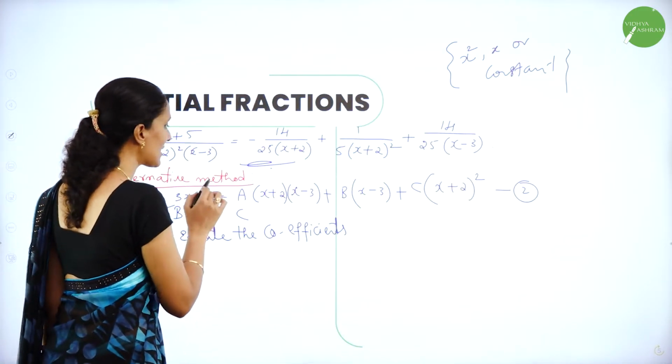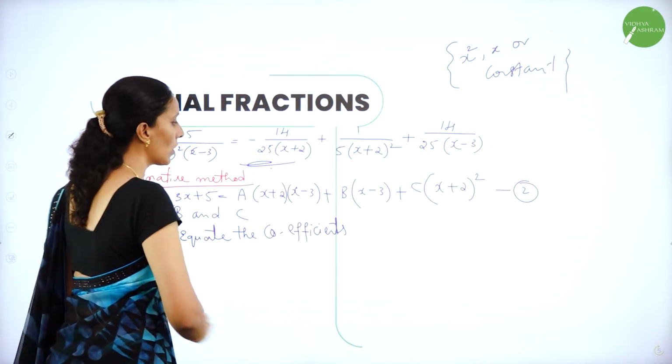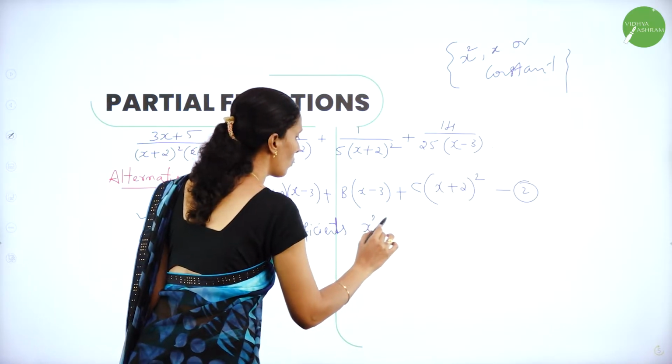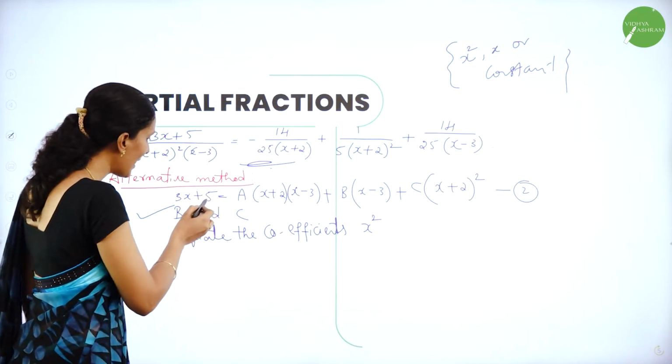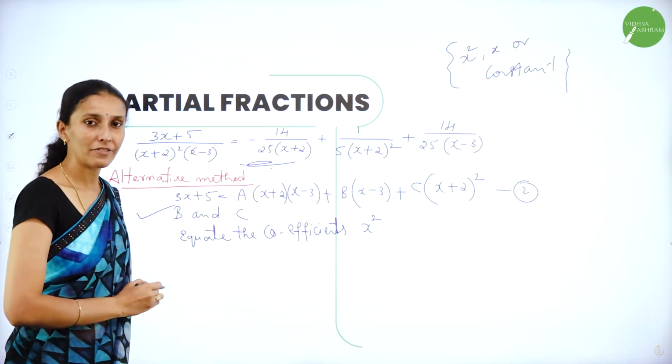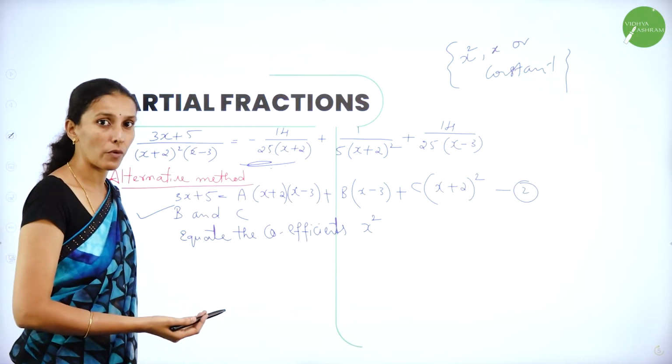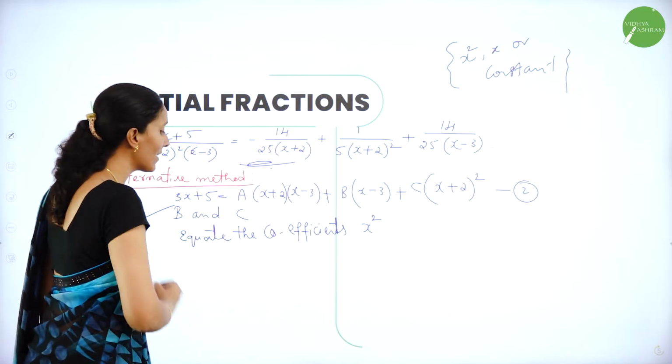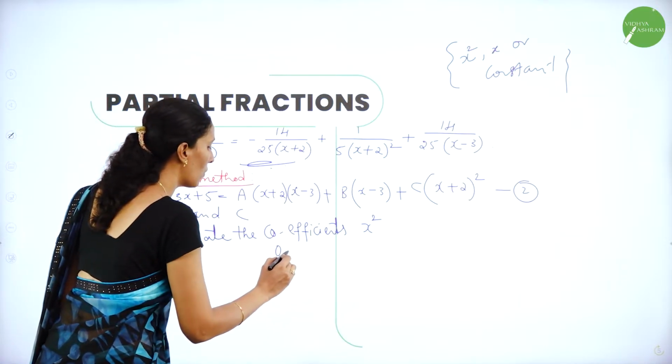Here I'll equate the coefficients of x square. Do you find any x square on your left hand side? No. So there is no x square, meaning the coefficient of x square here is 0.